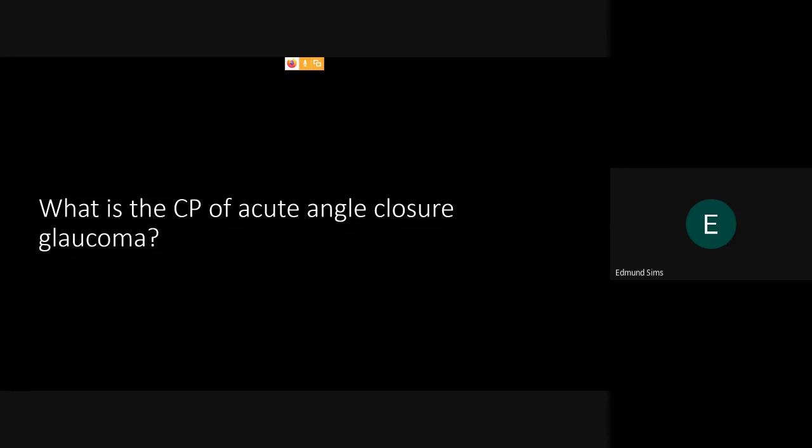So if you examined them, what would you find? Hazy cornea. Yep, fantastic. Decreased acuity. Yes, very much so. Dilated pupil. Yep, fantastic. Wonderful. And then you did tonometry, and you'd find that that's pretty stonking.